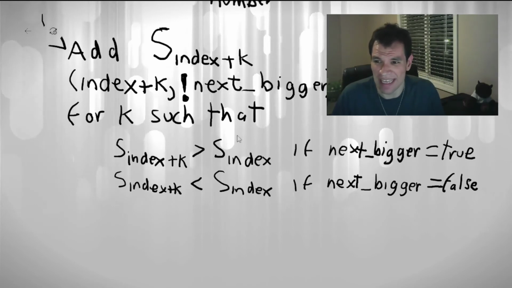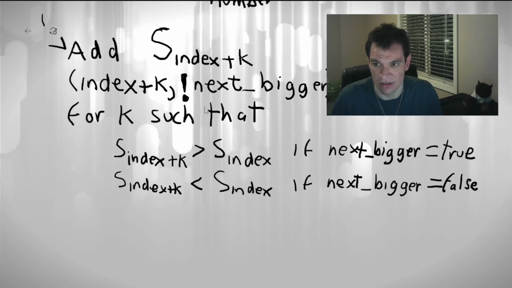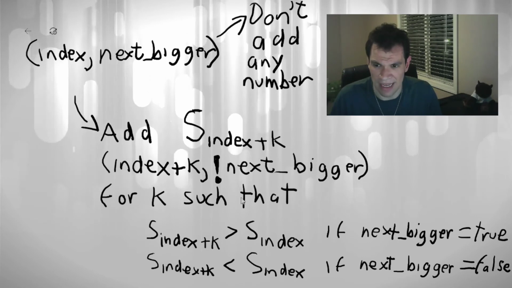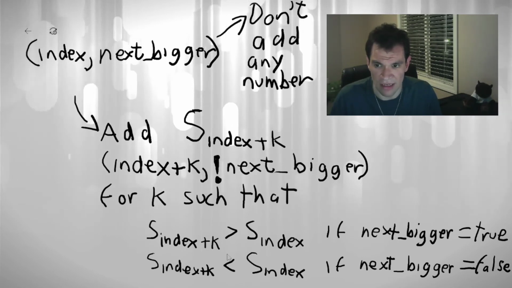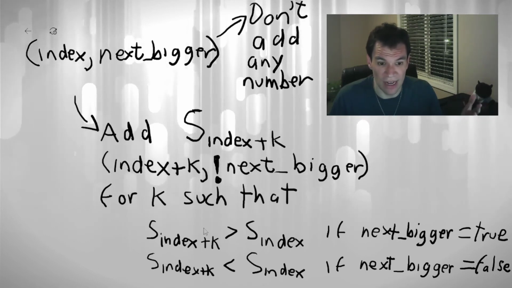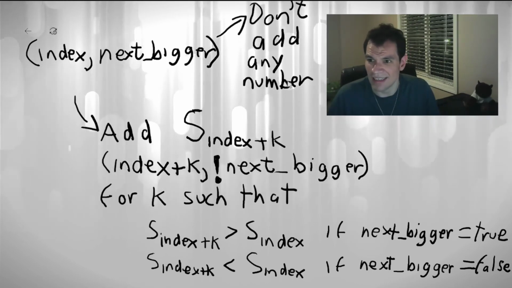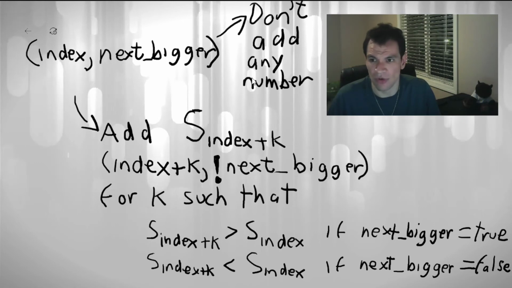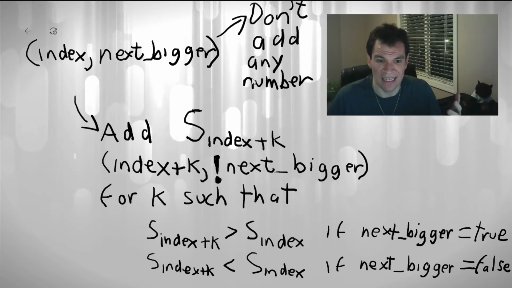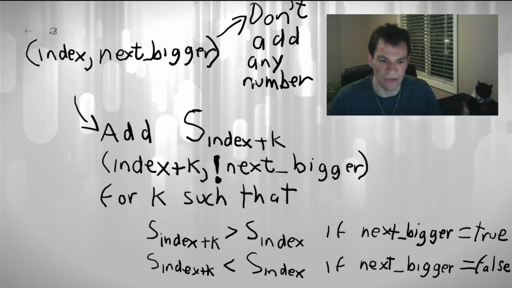And also k needs to fulfill these conditions as well. So the state can move to a k that fulfills these conditions, and it could move to several possible values of k. And now with all this diagram in mind, it should be much easier to find the recurrence, or the optimal substructure.